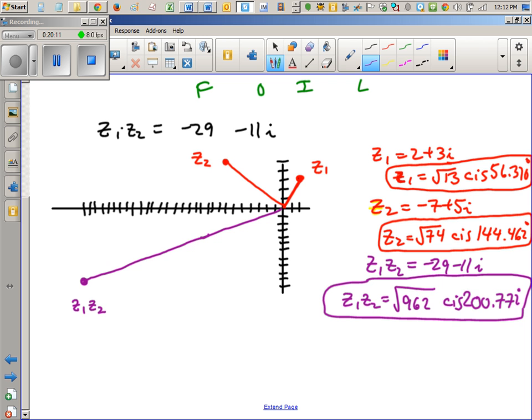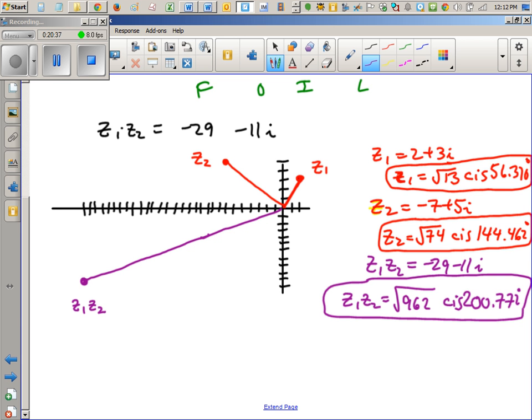Well, that was kind of cool, but that was weird. 200. Huh, look at your three arguments. 56, 144, 200. Interesting. 56, 144, 200. Anyone see a connection there? It seems like the argument is the sum of the arguments.